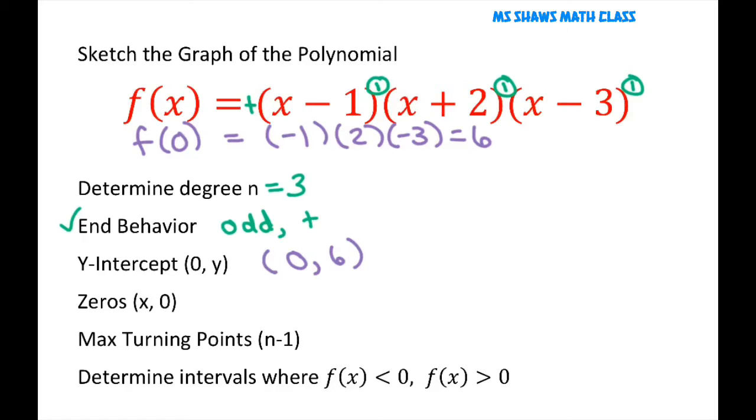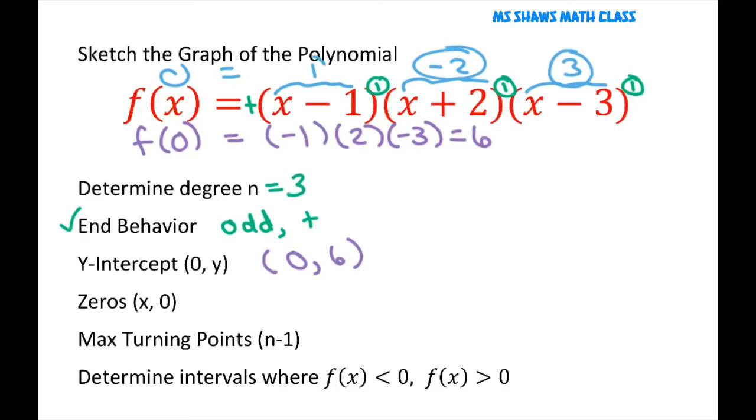Our zeros are where y is 0. So if y is 0, then we get, this would be 1, because that makes it 0. This would make it negative 2 plus 2 is 0, and 3 minus 3 is 0.